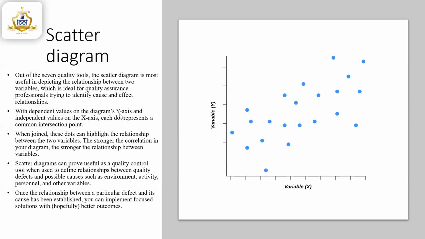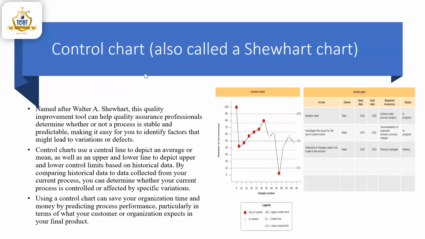So here you can see variable y versus variable x, where this is a dependent one, this is an independent parameter, and it will show you a particular defect's relationship with the cause. So you can see in these scatters, all these lines when they are intersecting, you can have a solution to the focus problem.